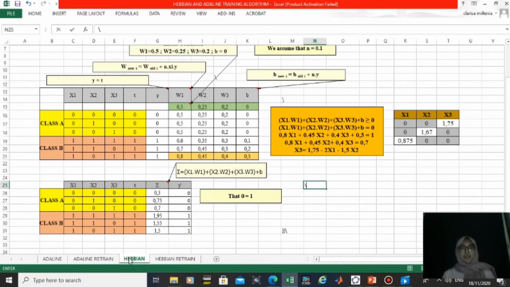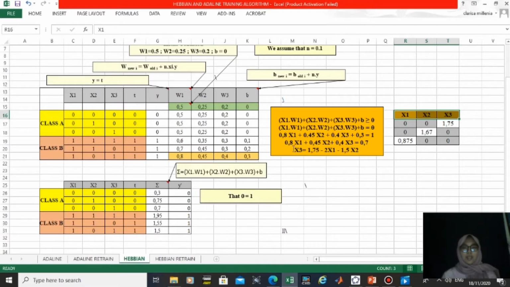Decision boundary. If we want to make a decision boundary, we have to determine x1, x2, and x3 to make a line. To determine x1, x2, x3, we can use this formula: x1 w1 plus x2 w2 plus x3 w3 plus b equal to theta.